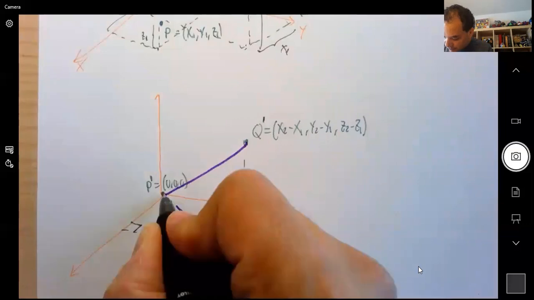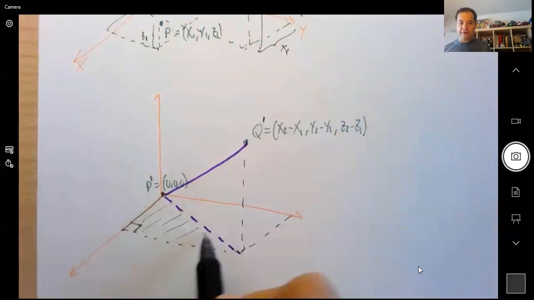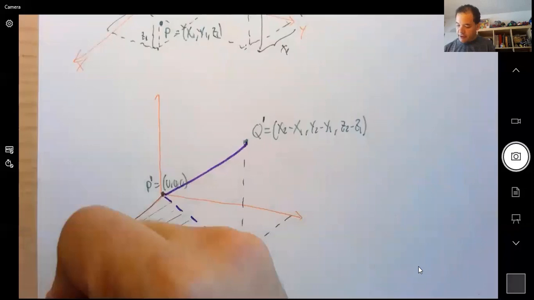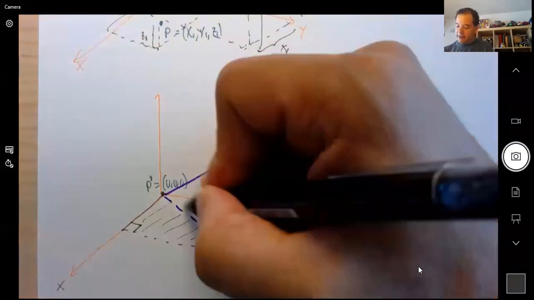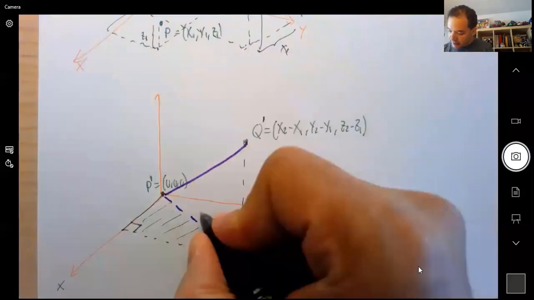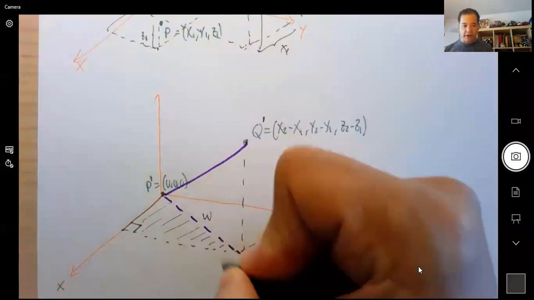This is a right triangle, this one over here. Let me shade it. It's a right triangle on the XY plane. So this is X and this is Y. And so I can use the Pythagorean theorem to find out the dotted line, right? So let me call that W, the length of the dotted line.